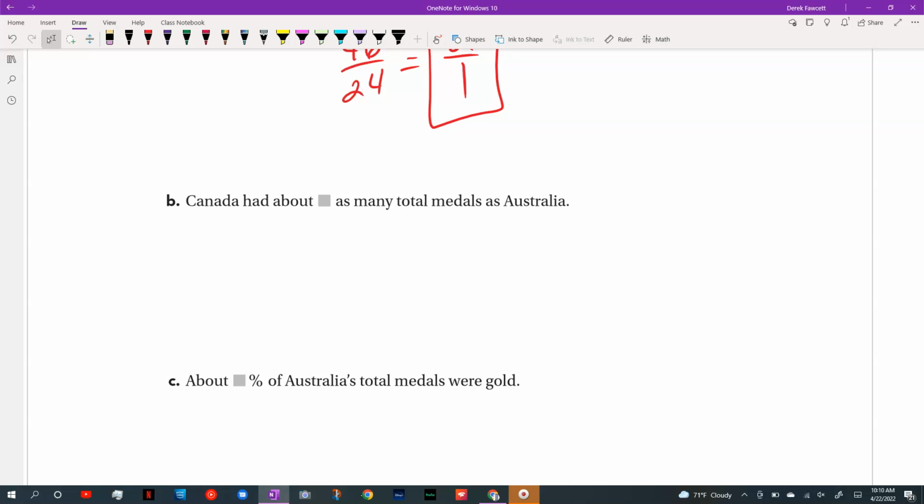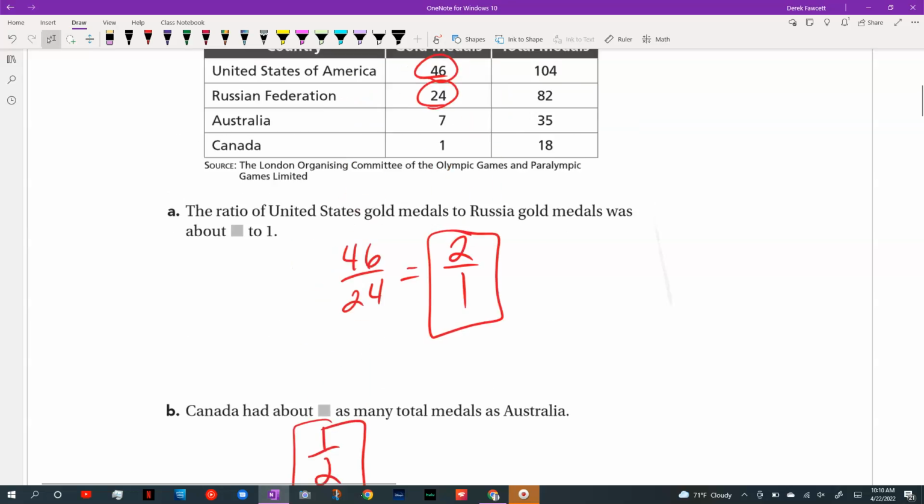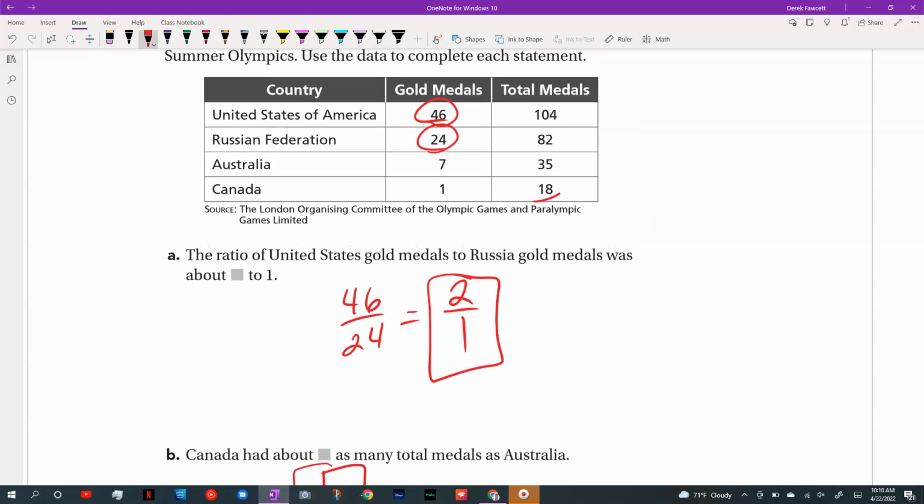Canada had about blank as many total medals, so they had about half as many. Some of you flipped that around and said 2 times as many, but Canada had half as many total medals. So look here, 18 is about half of 35.